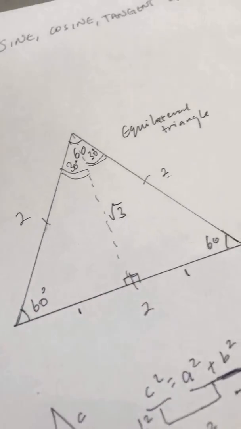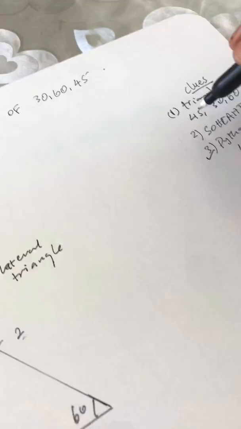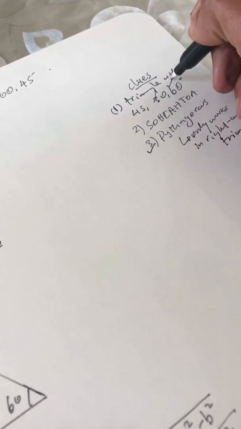Now that we have all that, we have our this and this. Now we need SOHCAHTOA. What are we trying to find first? Let's try and do the sines. So we have sine of 30 and sine of 60.